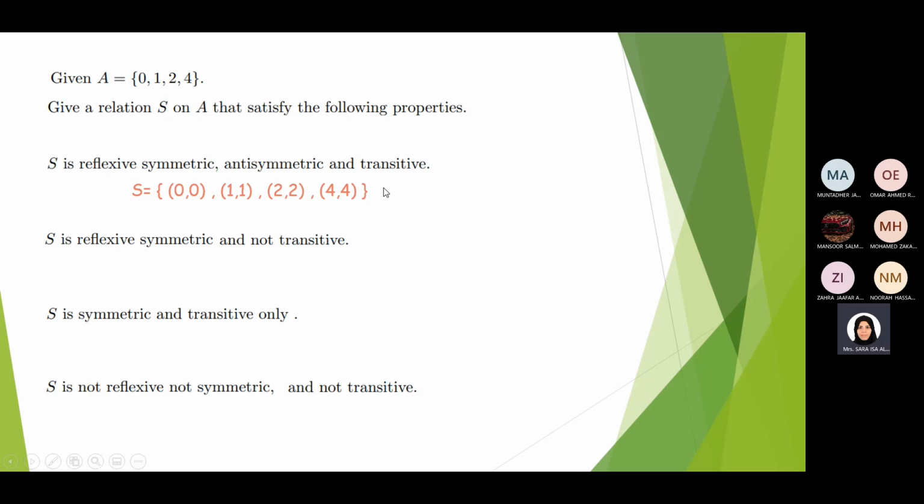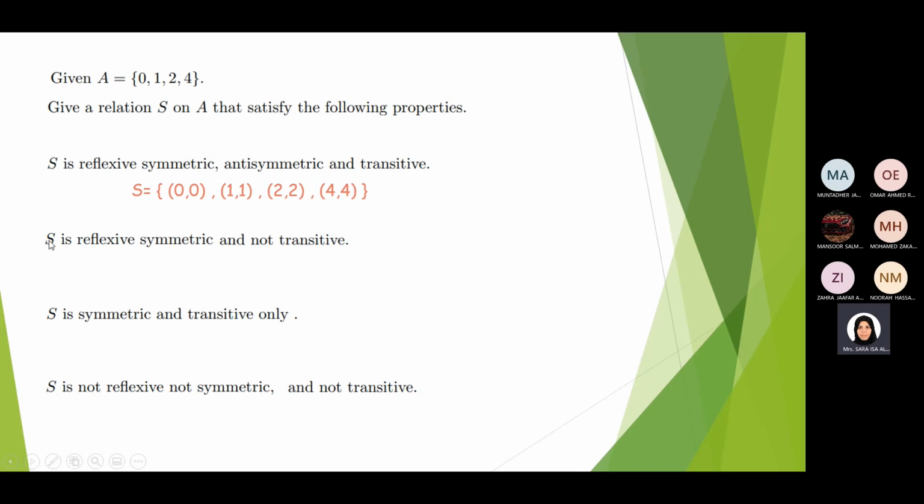Meaning if I just add 2 1 and 1 2 it will not be antisymmetric. To avoid that, to keep both symmetric and antisymmetric true properties, I will not add any extra pairs.